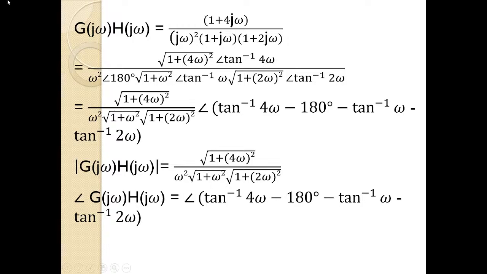So I hope you have written. Let me proceed. If you have not written, mention it in the chat box so that I can show you this slide back.